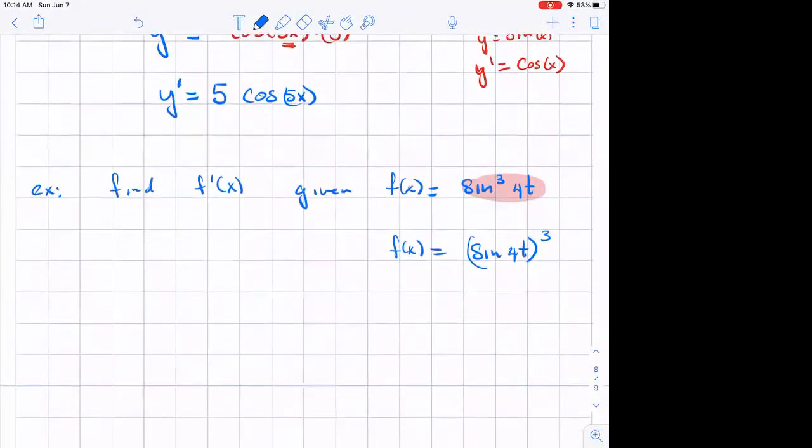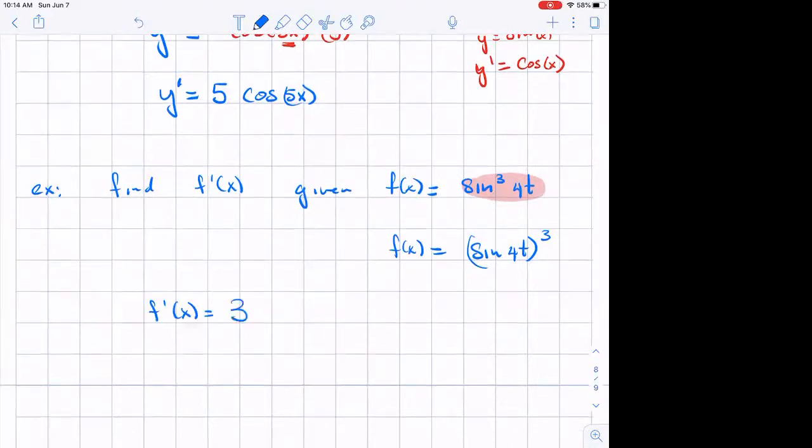So we can say now f prime of x is equal to, n here is 3, times sine of 4t squared. And then the derivative of the inside here, the derivative of sine is cosine 4t times, okay, the derivative of the 4t, which is just 4.